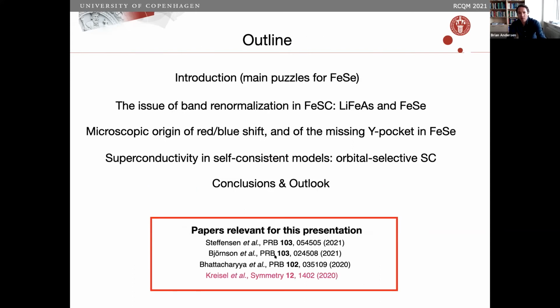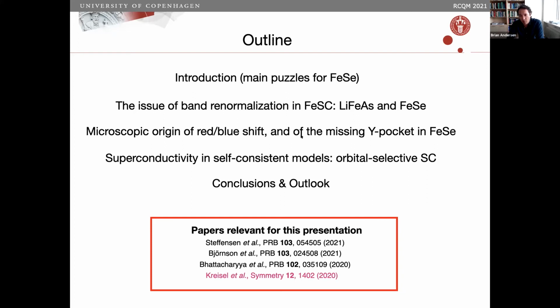Here's an outline. I will start with a short introduction, motivating the talk, based on the main puzzles currently existing for iron selenium. Then I will discuss a particular kind of band renormalization and show that it doesn't work for iron selenium. Then I move to the main part of the talk, a possible microscopic origin of this red-blue shift, the small pockets.